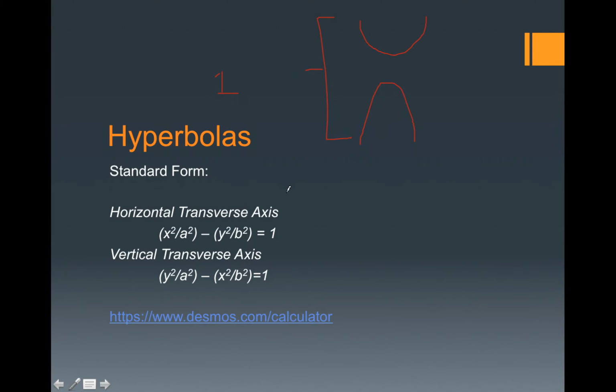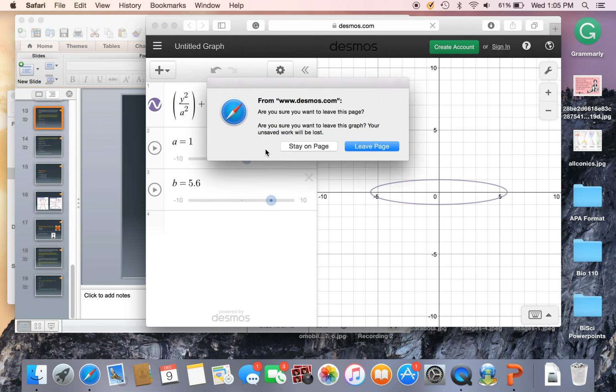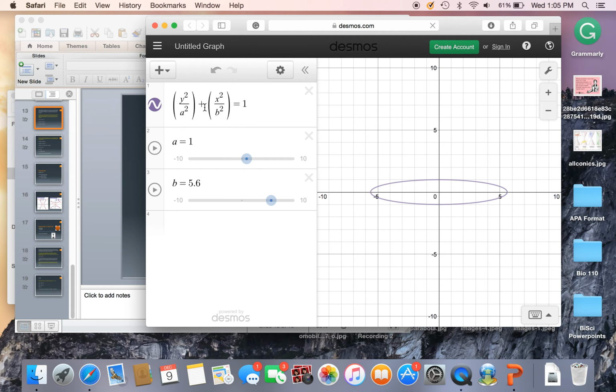So if we get a horizontal transverse axis hyperbola, let's go to Desmos so that I stop drawing the wrong things.